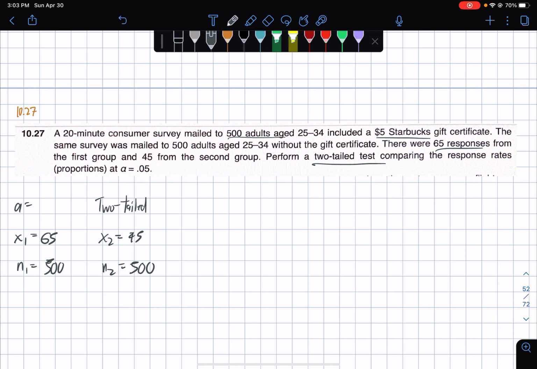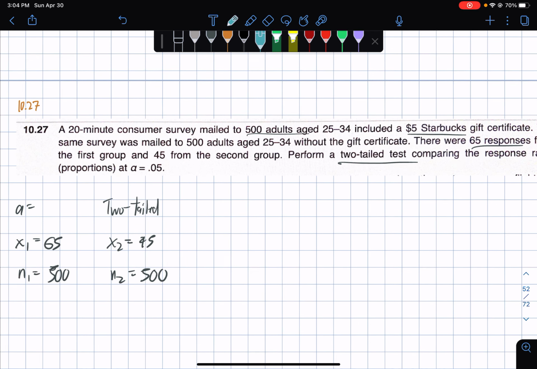Still 500 adults for each sample. The ones that were given a gift certificate, and those without a gift certificate. So it just shows here how incentives work. If there's an incentive, more people will participate in that survey. But if there's none, fewer people will be interested.